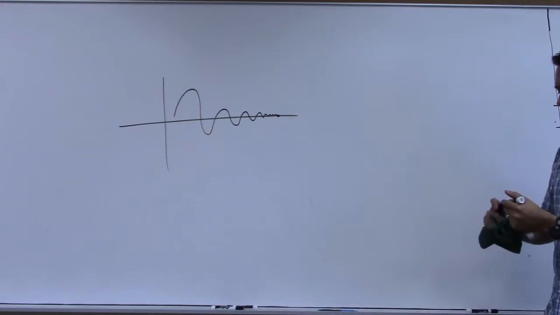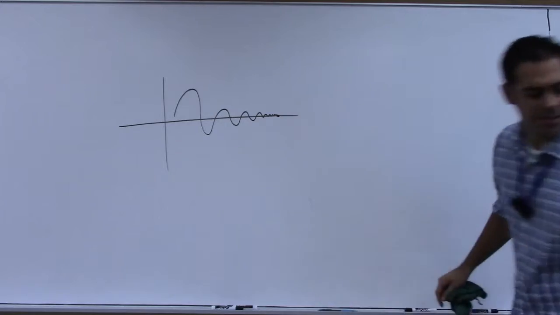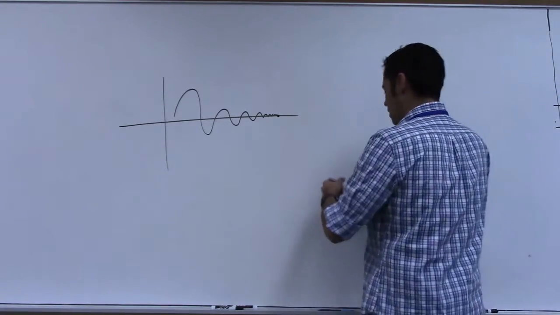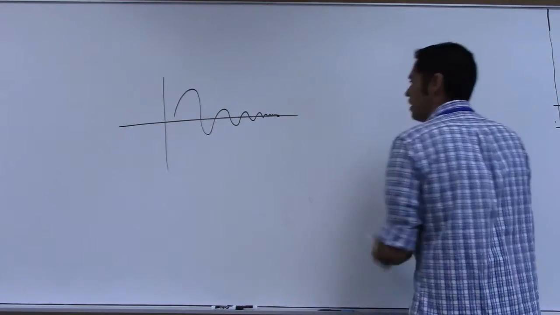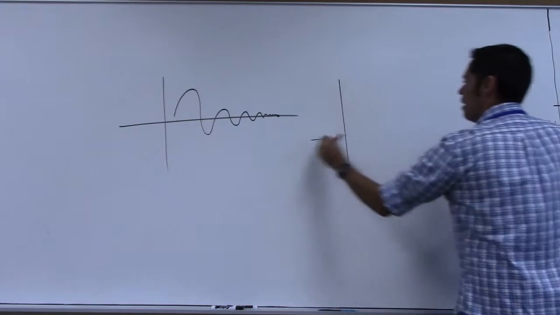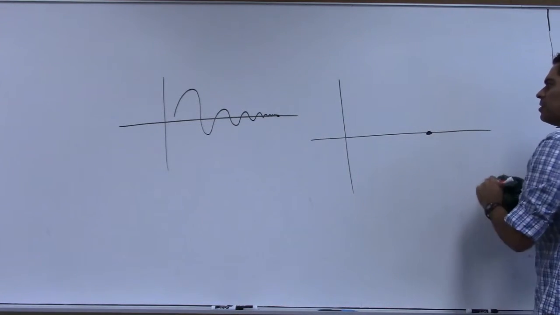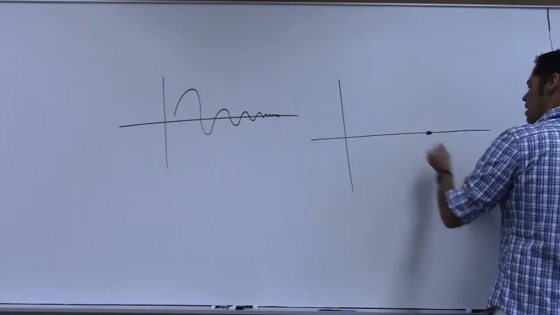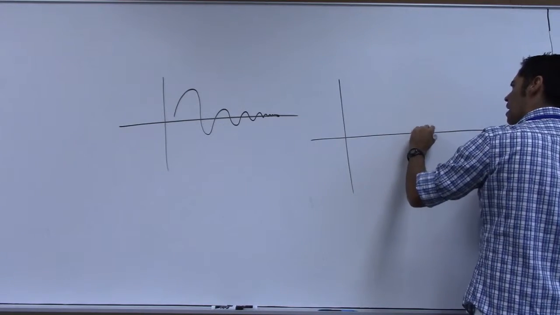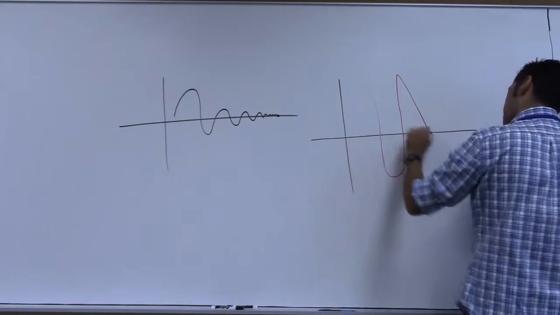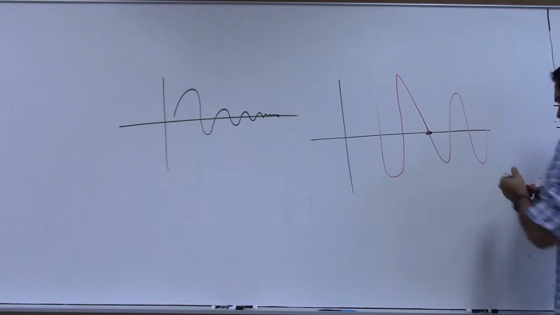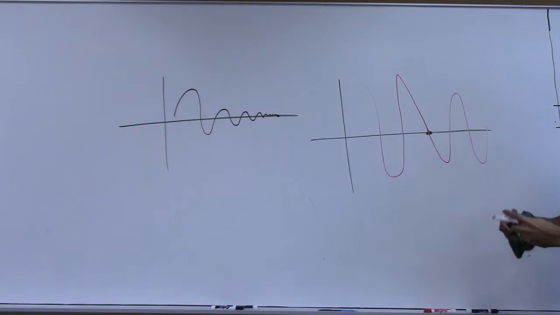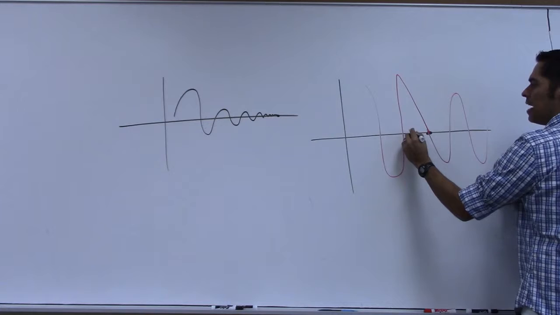So you take a guess, and let me zoom in so you can see what's happening. Let's say I'm trying to find that x-intercept, with the function oscillating through here like this. You pick a test point, like a guess. So you guess this one right here.